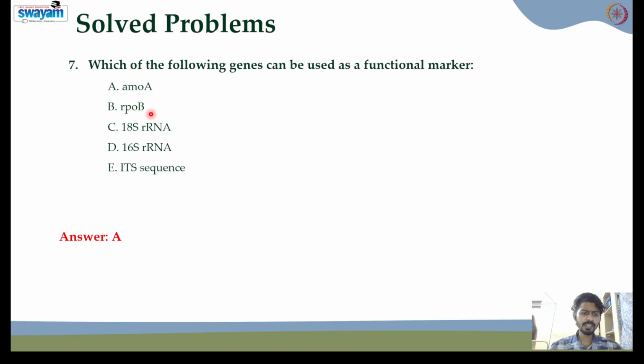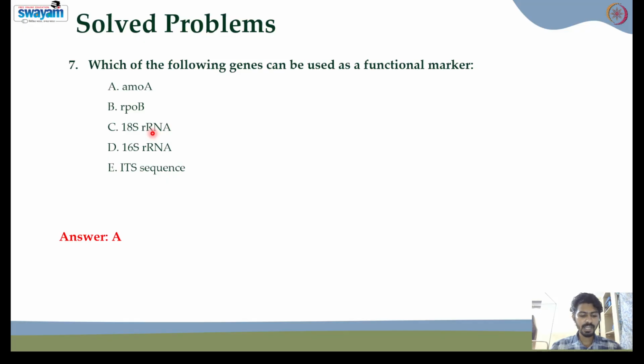And if we see options C, D, E, this is 18S rRNA, 16S rRNA, and ITS sequence. These are all taxonomic markers. So what does it tell us? 18S rRNA is used for identifying eukaryotic organisms. So it is not a functional marker for identifying a specific microbial group based on their unique metabolic activity. And 16S rRNA sequencing is used for bacterial identification.